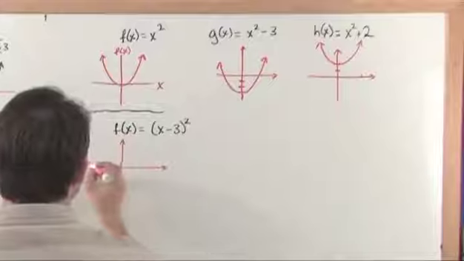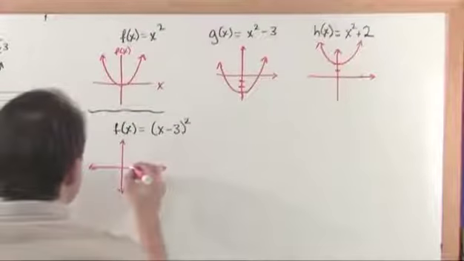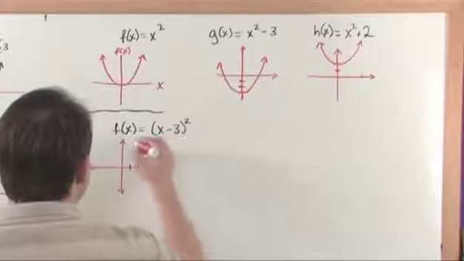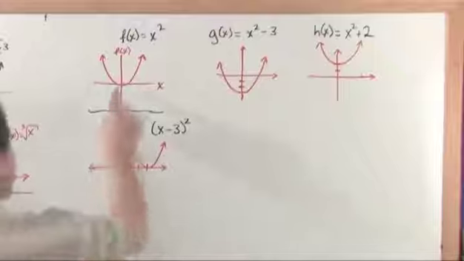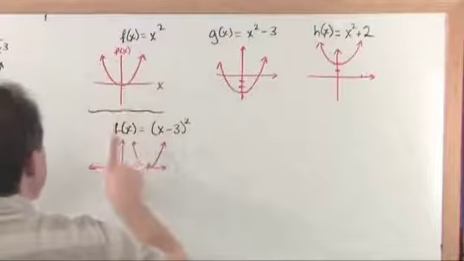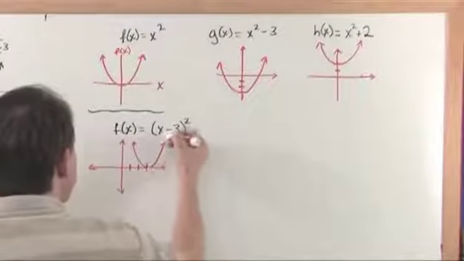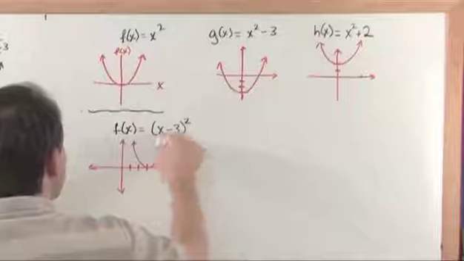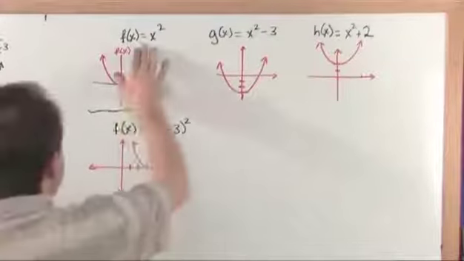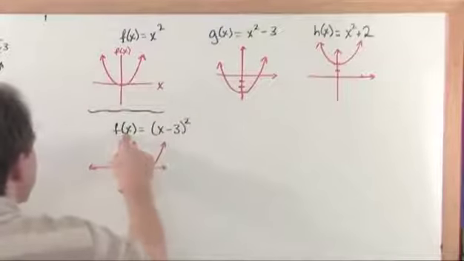So if this were like this, is it going to shift it left or right? Well, if you look back, it's going to shift it to the right, like this. The reason is that if x squared is here, the center of this graph is here for x squared, then it's going to move it to the right, because if I put x is equal to 3 in here, then this is going to go to 0, and that means it's going to shift that 0 point to the right, because f of 0 gives me 0, and if I put 0 in here, f of x will be 0.